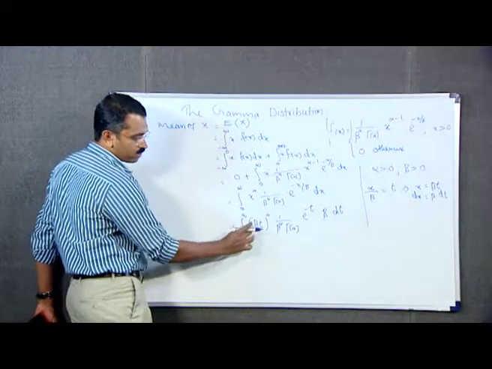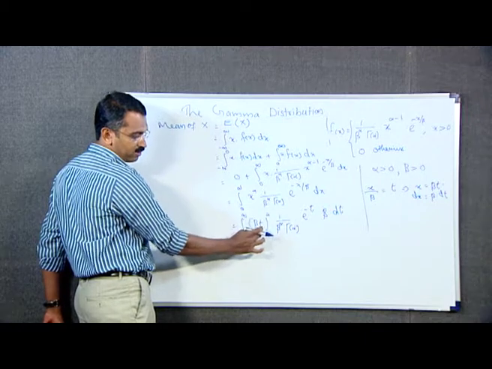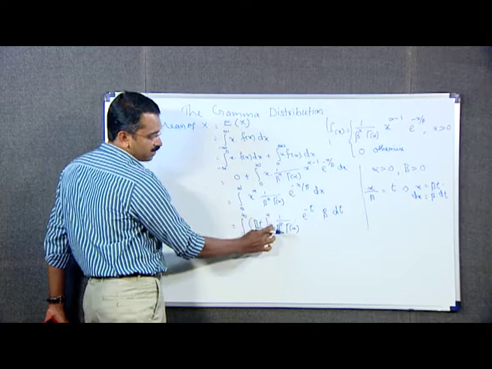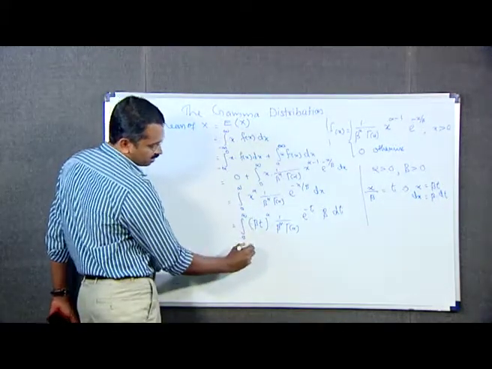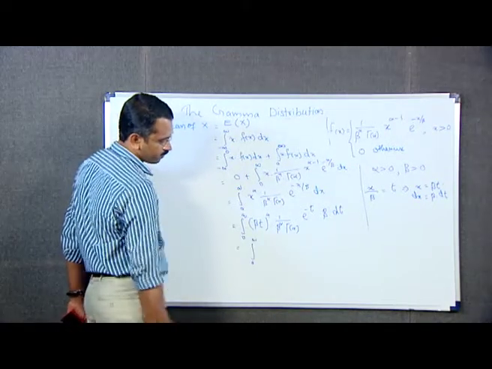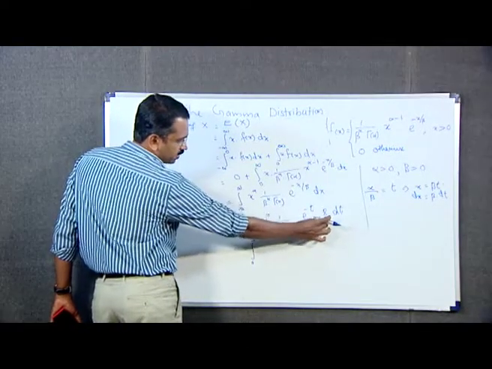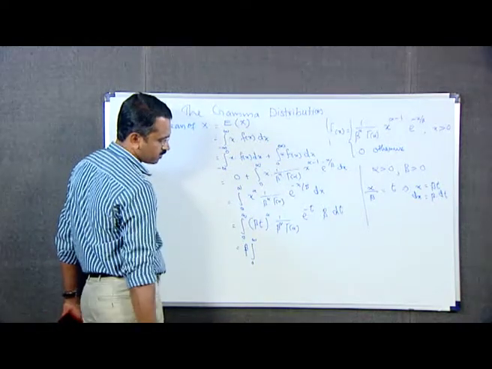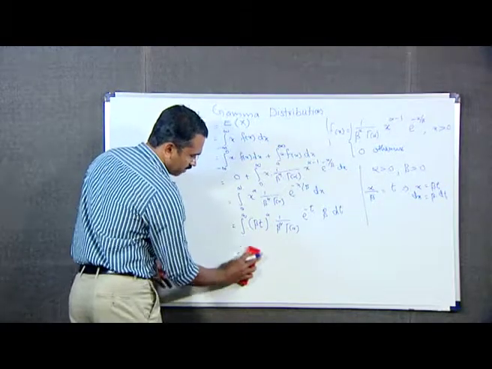This is equal to, here beta t all raised to alpha means beta raised to alpha into t raised to alpha. This beta raised to alpha and the beta raised to alpha in the denominator cancel. The remaining terms are integral from 0 to infinity. Here, this beta can be taken outside, divided by gamma alpha.